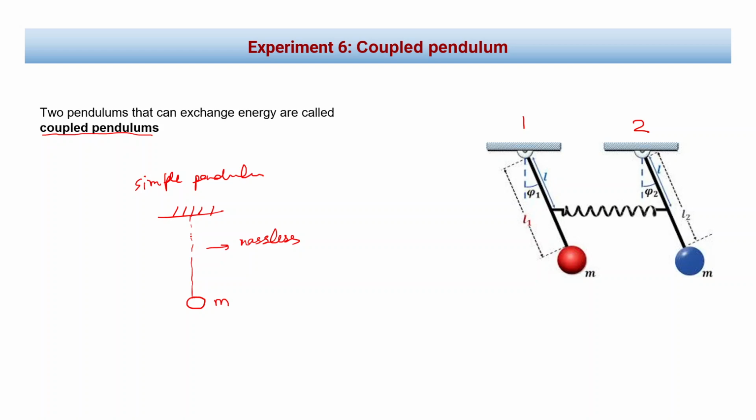So the equation we know for a simple pendulum: if we are displacing it by some angle theta, there is a restoring force acting on it in the direction opposite to the direction of displacement.